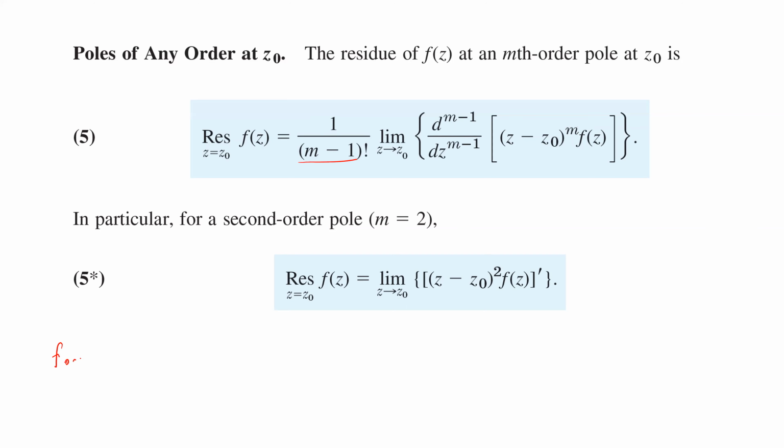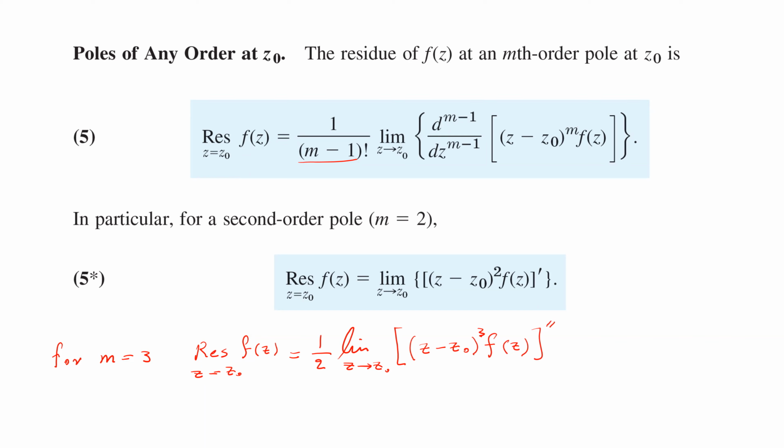So for m equal to 3, the pole of the third order, the residue of f of z at z equal to z naught is equal to 1/2 times the limit as z goes to z naught of the second derivative of (z minus z naught) cubed times f of z, right? So the formula becomes a lot easier to look at. I mean, this is a lot to look at.